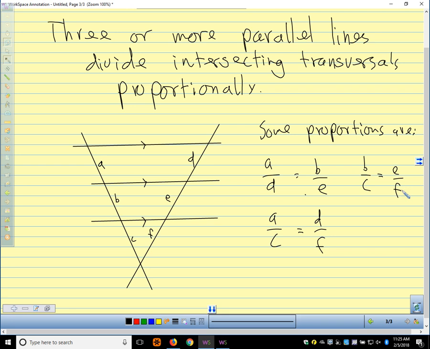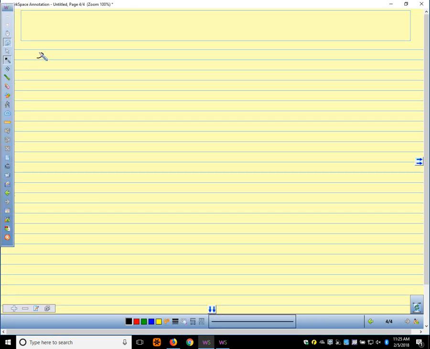So parallel lines and intersecting transversals just give us another way to set up proportions. All right, so let's look at an example with this. If I extended those two segments, would they eventually intersect?